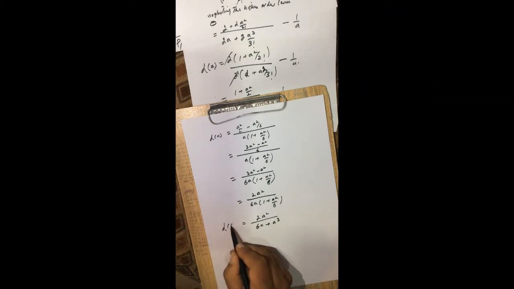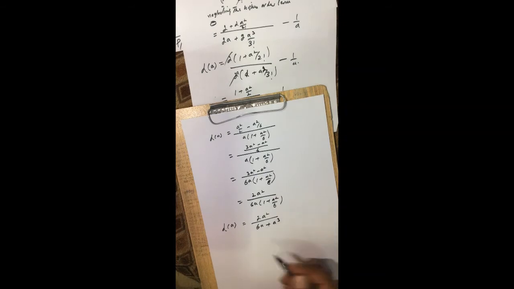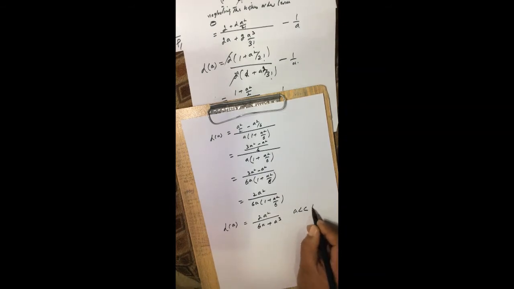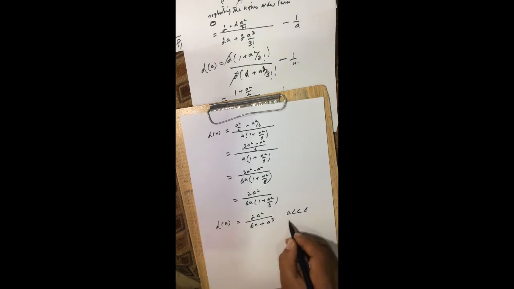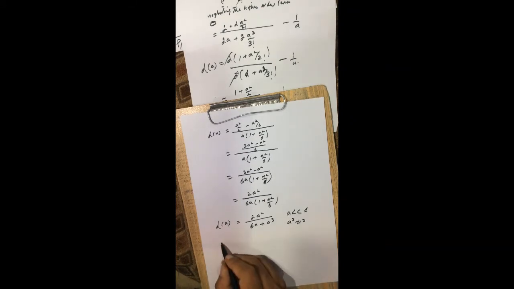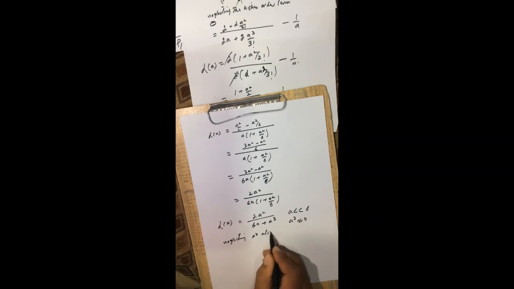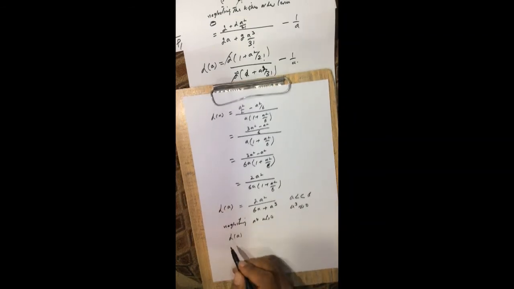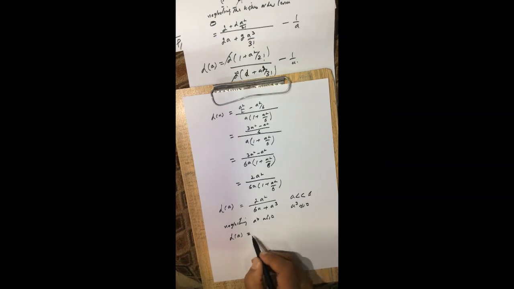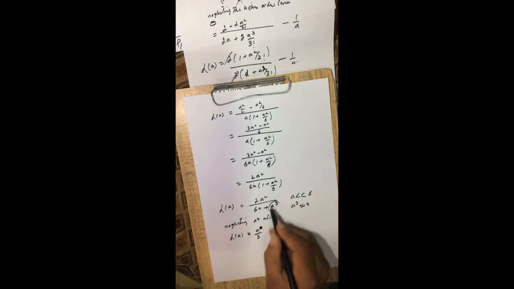This is the Langevin function. Now this a cube term, because a is much smaller than 1, we have to neglect this a cube term also. So a cube will be approximately equal to 0. Then this Langevin function is equal to a over 3, sorry, because if I neglect this one, here we have 2a square over 6a, so a cancels with this a, and we are left with a, and in the denominator we have 3.